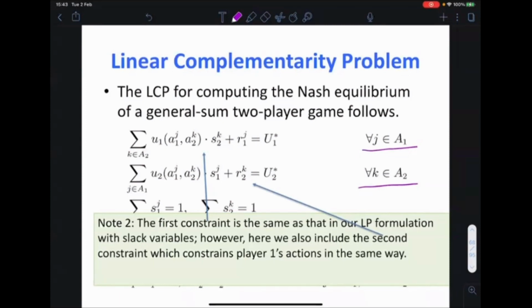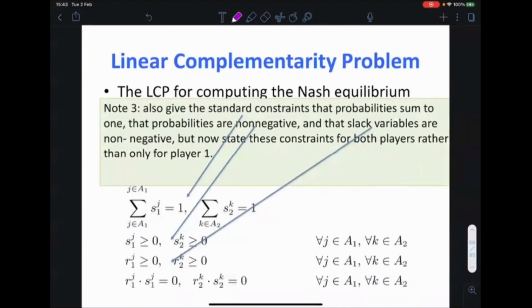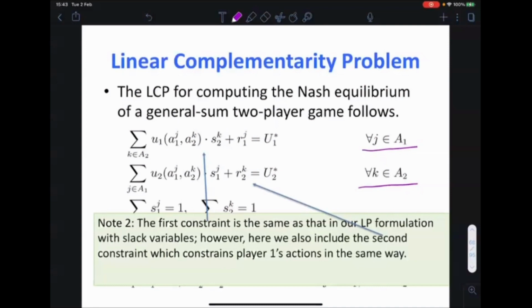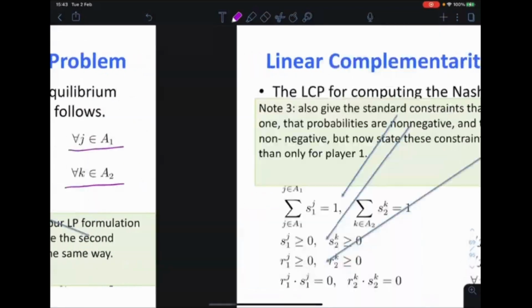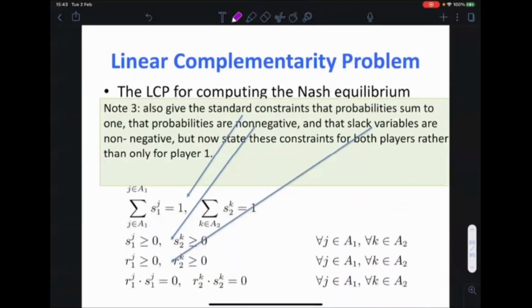Okay, if this slack variable is 0, it means you have a certain probability of choosing that action, so that probability would be larger than 0. That's basically a formulation to extract the relationship we mentioned in the Nash equilibrium.